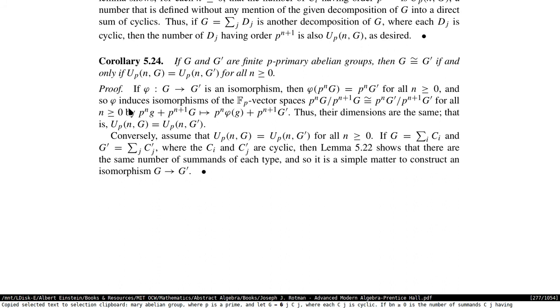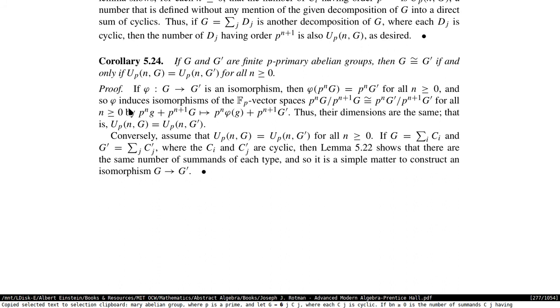These are the vector spaces p^n G mod p^(n+1) G, which is isomorphic to p^n G prime mod p^(n+1) G prime, right? Because your images are the same. So this is an isomorphism of vector spaces, right?